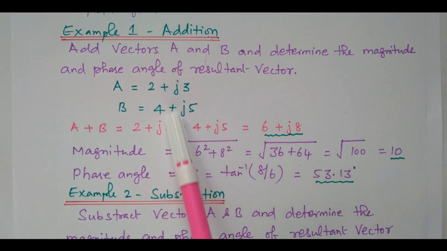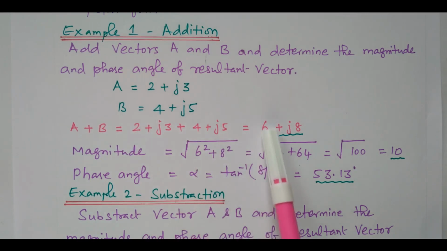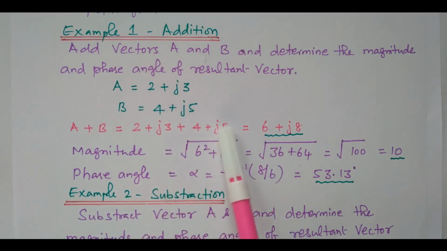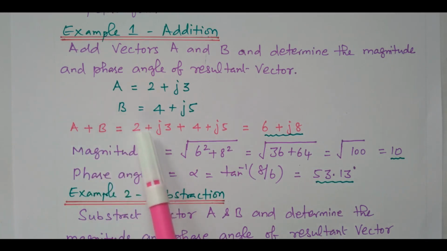It is already in rectangular form, so you can easily add 2 plus j3 plus 4 plus j5. We add both the real terms, 2 plus 4, 6, and both the imaginary terms, j3 plus j5, it is j8. So it is easy to add two vectors when they are in rectangular form.